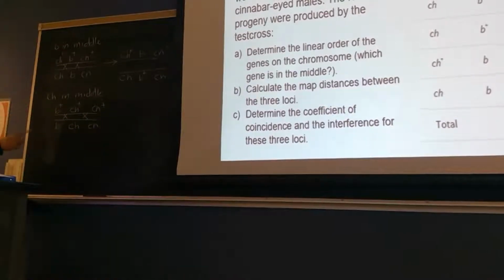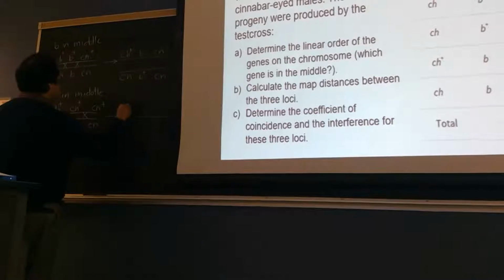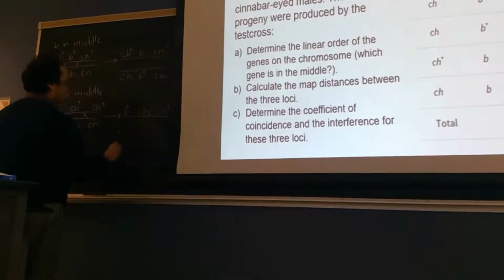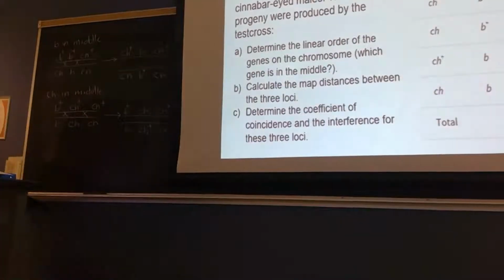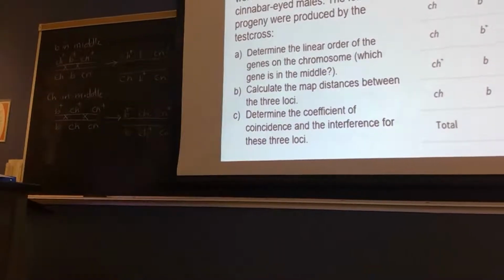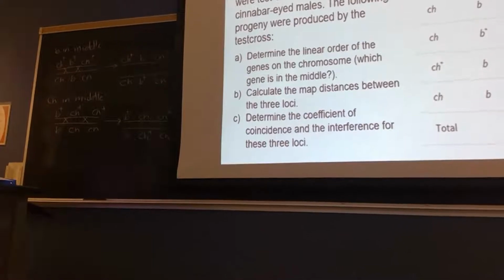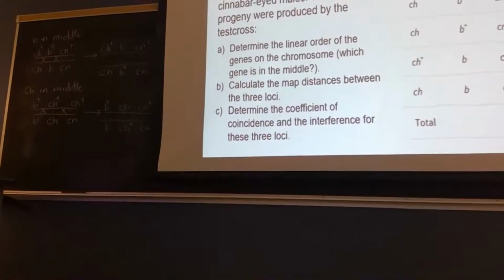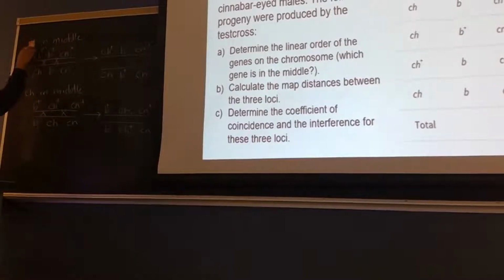All plus on one side and all recessive on the other side. I take the double crossover here. So B plus, CH, CN plus. Another one will be B, CH plus, CN. Does it match with that one? No. Now the third one is CN in the middle.